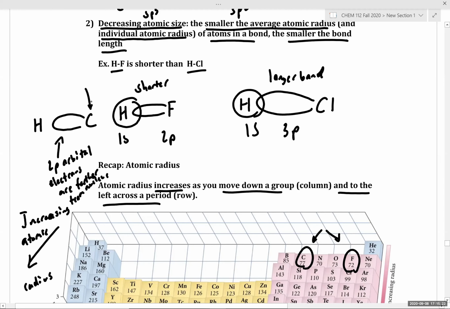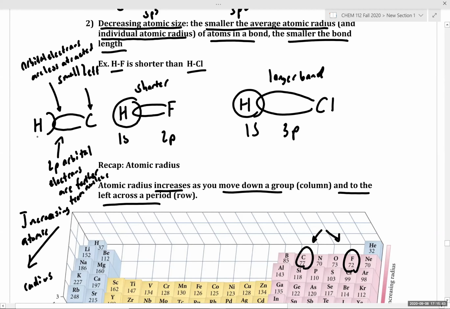Why? Well, carbon has a smaller effective nuclear charge, and as a result, the orbital electrons are less attracted to the nucleus.